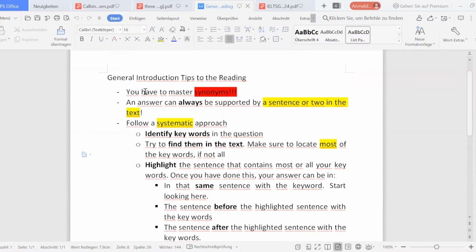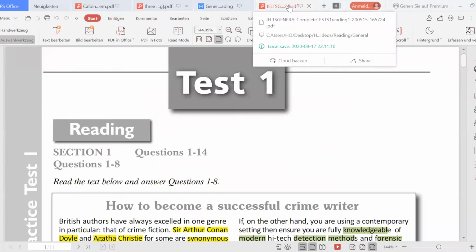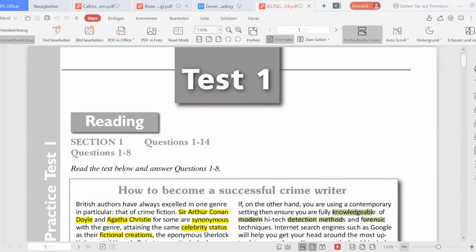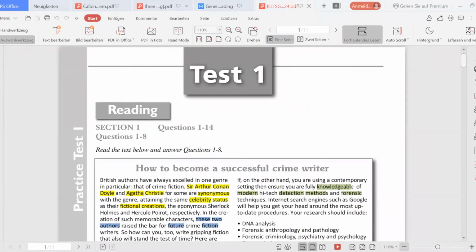And then in the next videos, I will select sample questions that we'll do, and the rest you figure out on your own. So we're going to take a look at practice test 1. I've got to change the screen sharing to the PDF in a jiffy.